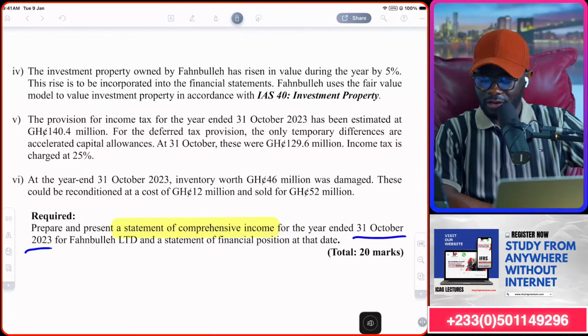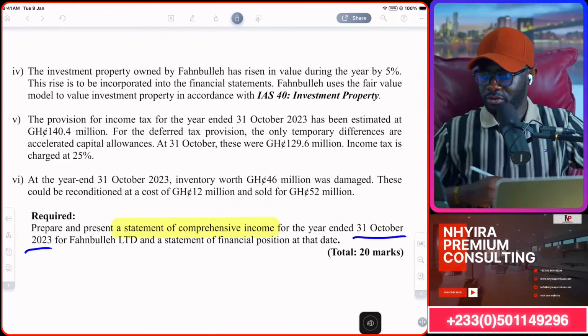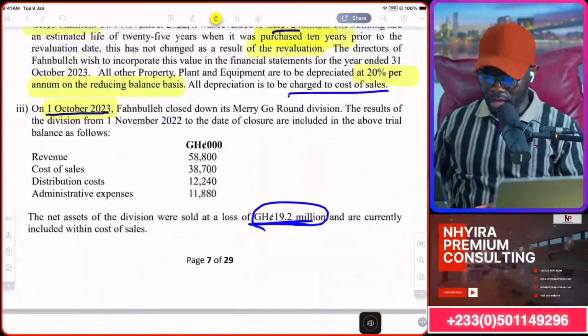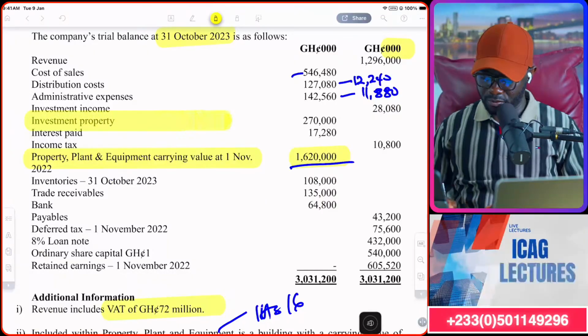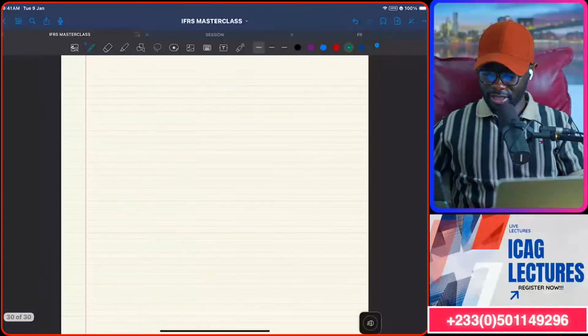Fambella uses the fair value model to value investment property in accordance with IAS 40, okay? Investment property. So if we go back up in the trial balance, you can see investment property here. So let's work for that in note 5.